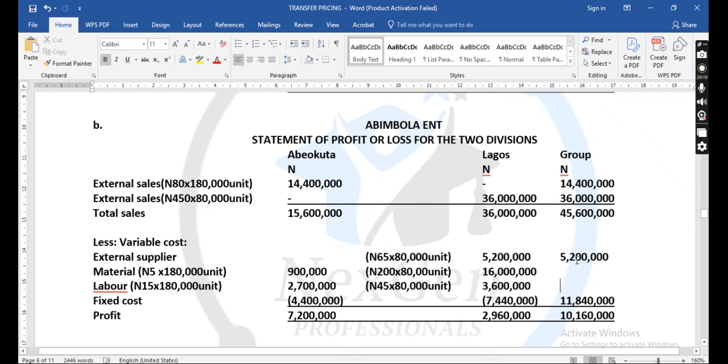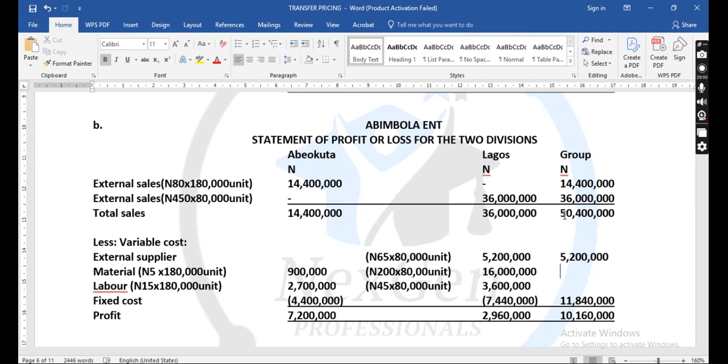Total sales for Abeokuta, you have not affected. 14 million. Then the group total is 50,400,000. That's fine. Thank you.